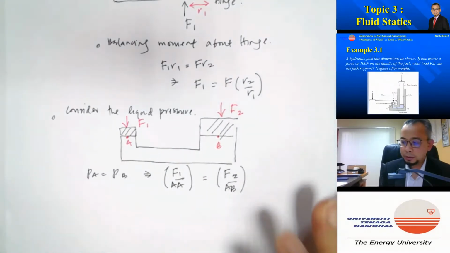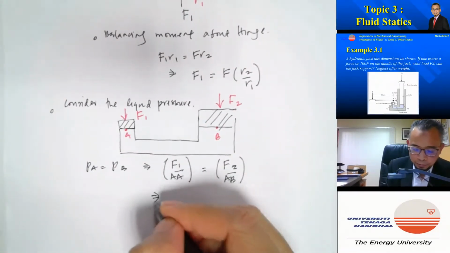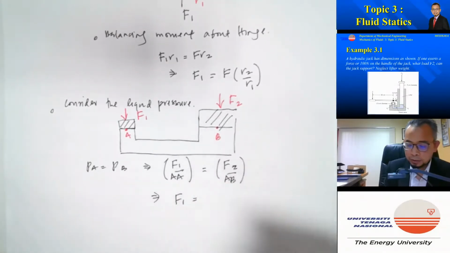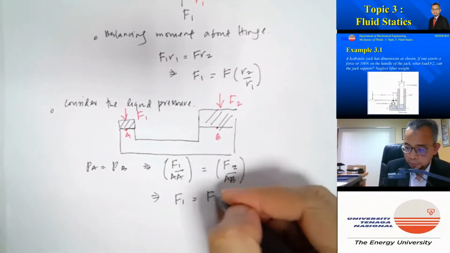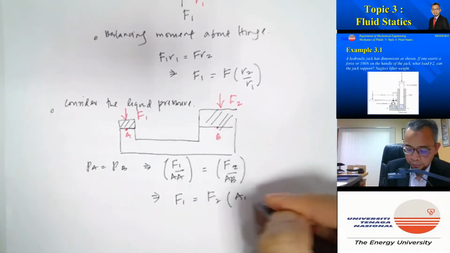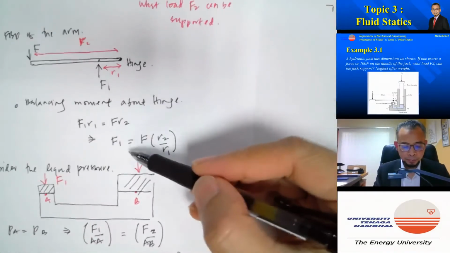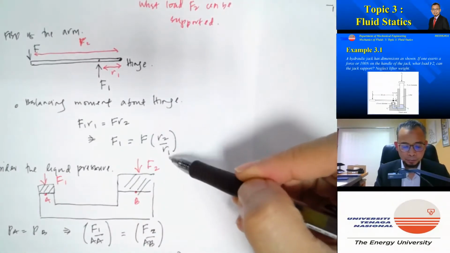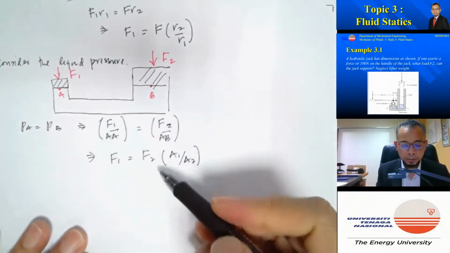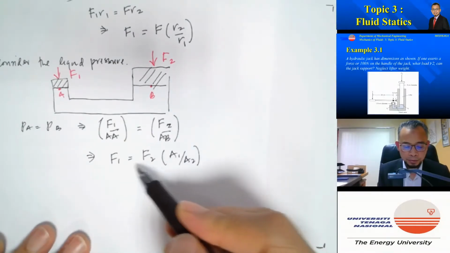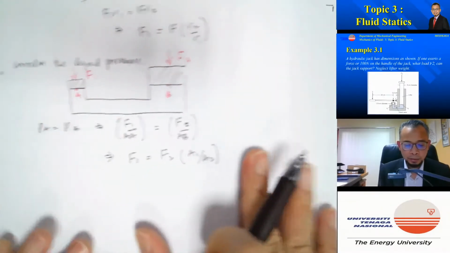A2. So we can get F1 is equal to F2 A1 over A2. So now we get the expression for F1 here, which is equal to F R2 over R1, and then the expression here, which gives us F1 is equal to F2 A1 over A2.